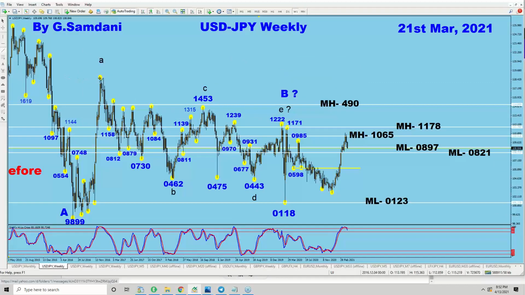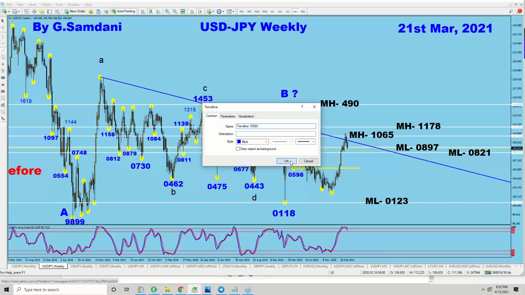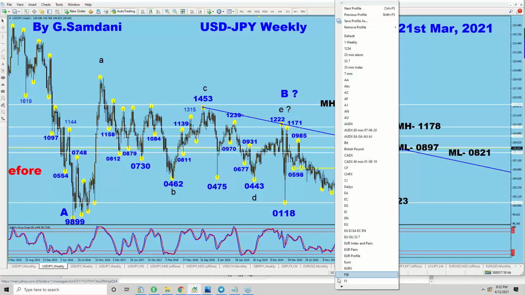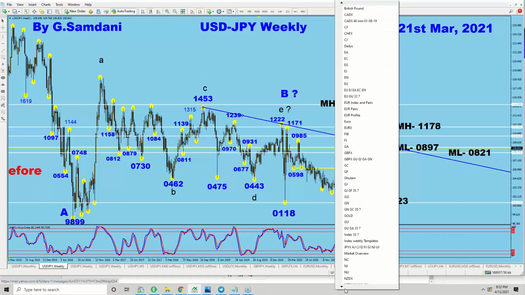So that means it is not because of USD strength or weakness. It is because of yen. Let me show it to you. If you connect the last two highs, boom, this is what it is, and it's coming down. So forget about this pair, because I think this is because of yen getting strong. So this pair is coming down.